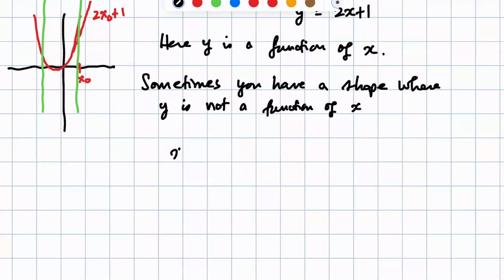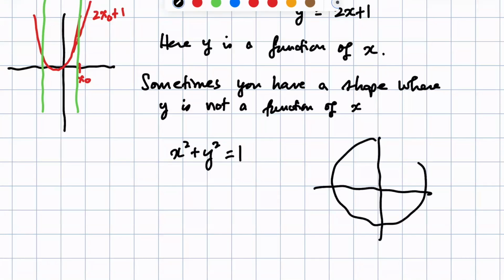Perhaps our favorite example is a circle. A circle of radius 1 looks like this. It does not satisfy the vertical line test because this line, for example, hits the circle twice. And so this is not a function.